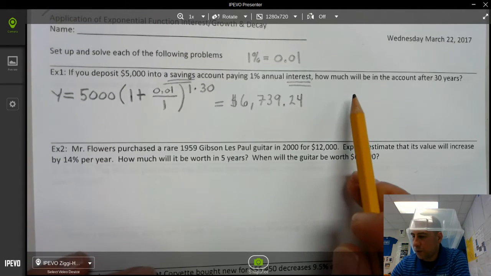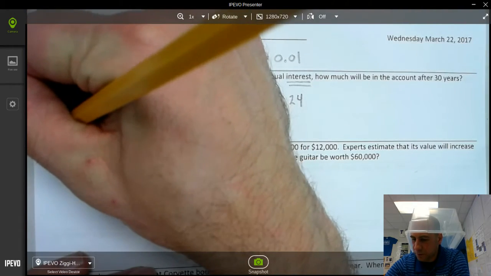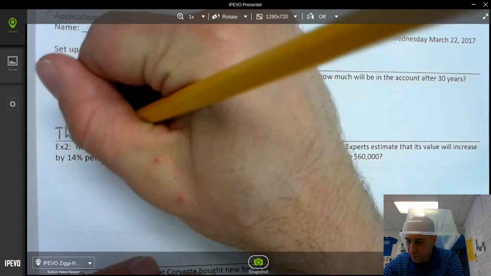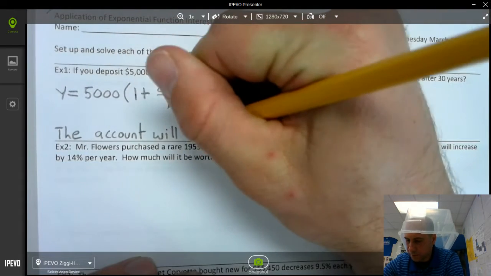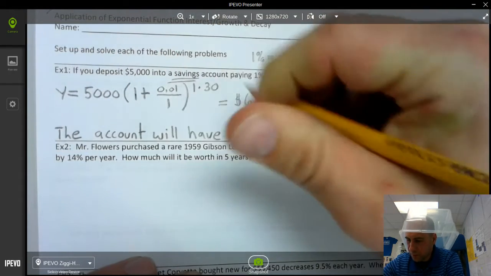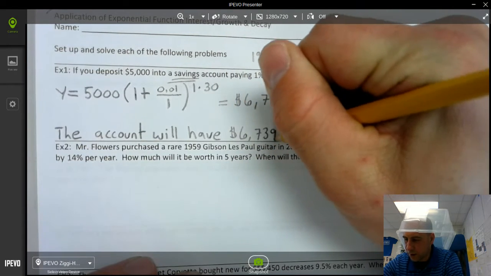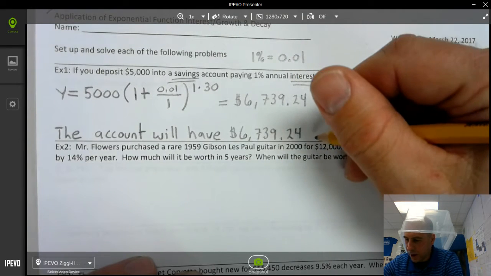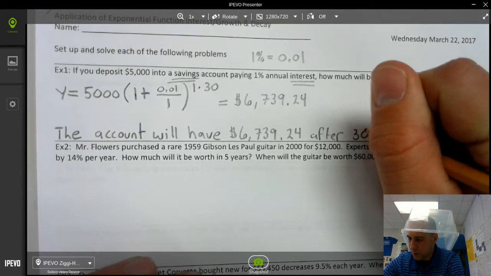In this case, it asks how much will be in the account after 30 years, so you would say the account will have $6,739.24 after 30 years.